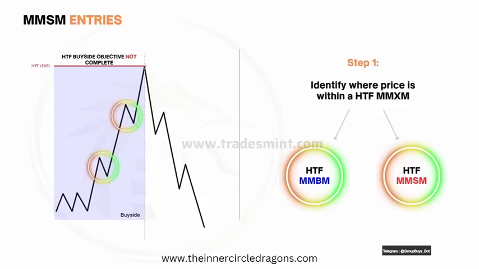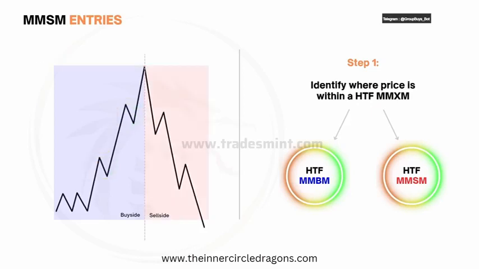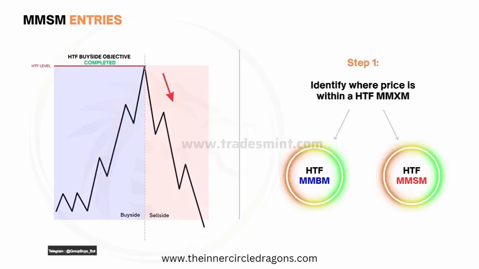If we find that we are in a buy program for a market maker sell model, what stage of accumulation are we in? Are we in the first stage, second stage, or even third stage relative to the dealing range? Have you identified a terminus in price where we expect the buy side delivery to complete at a higher time frame level? Or are we on the sell side of a market maker sell model, where price has already completed its higher time frame buy side objective and a sell program has already commenced?